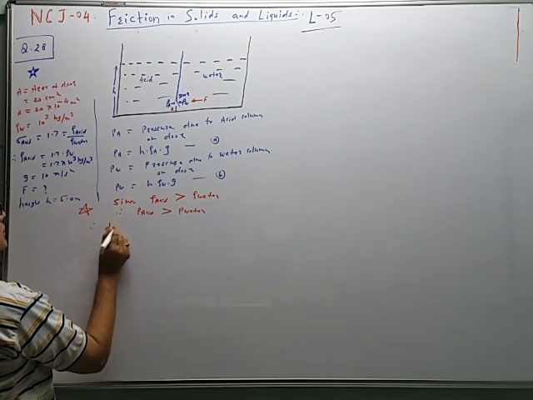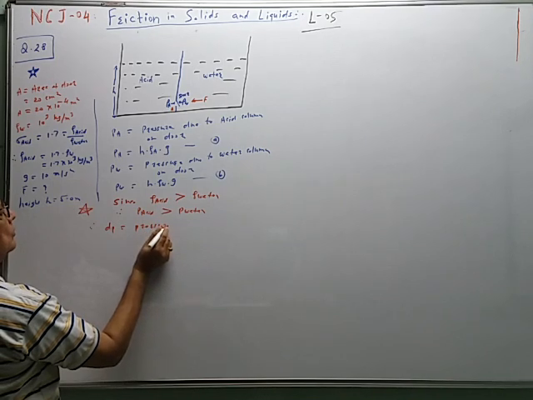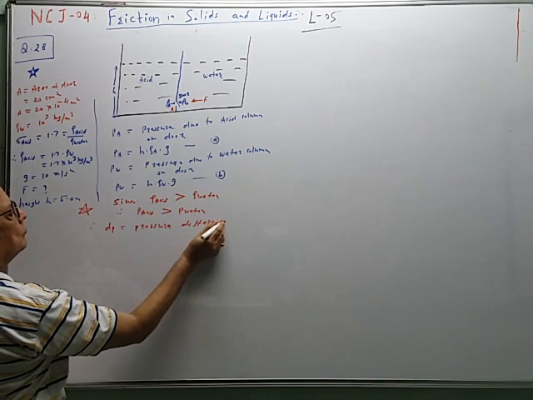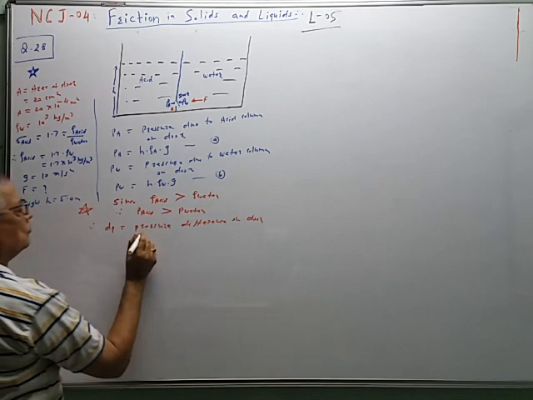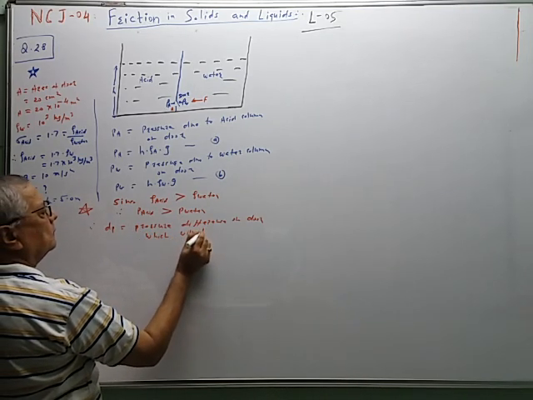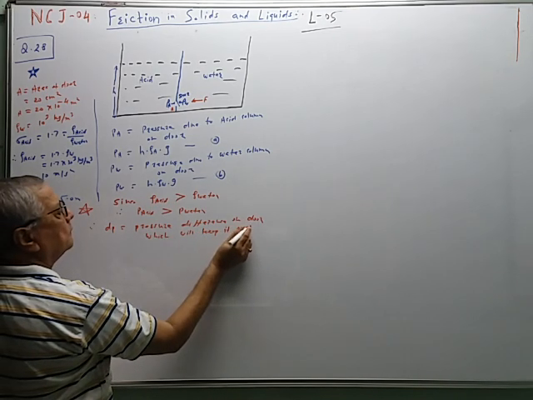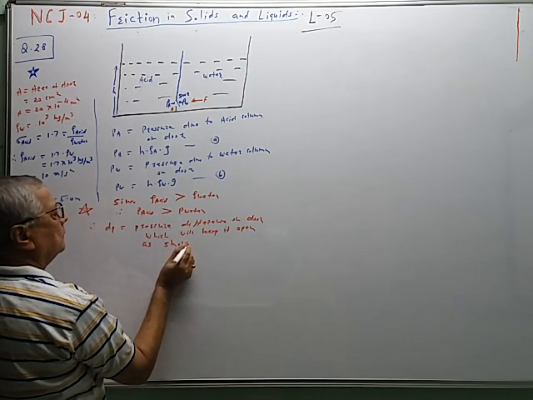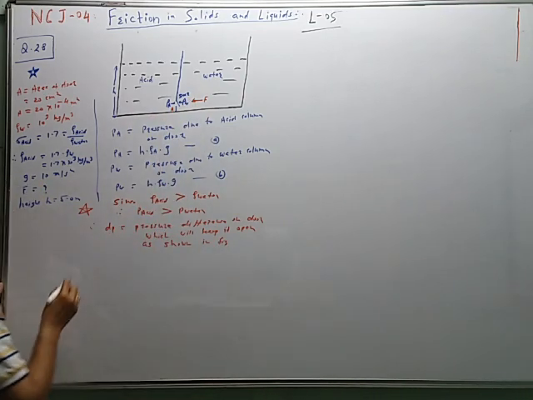Therefore dP is equal to the pressure difference on the door, which will keep it open as shown in figure, from higher density to lower density.